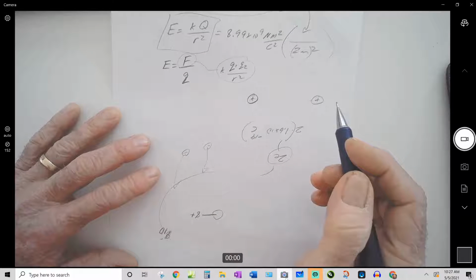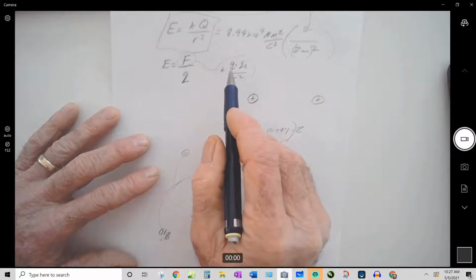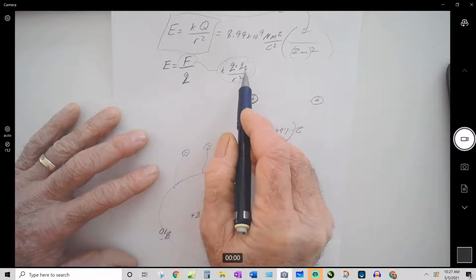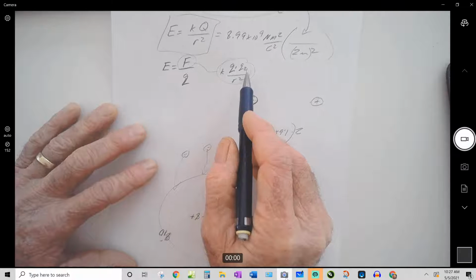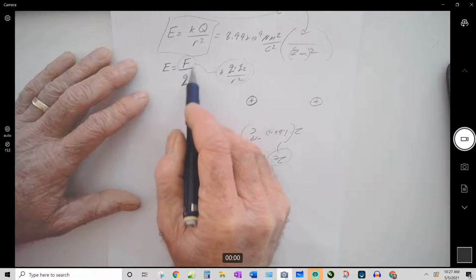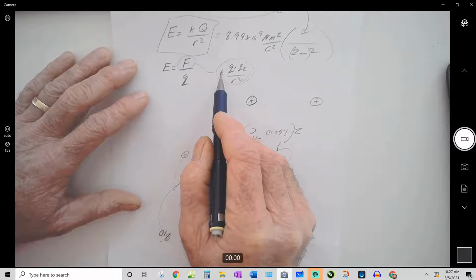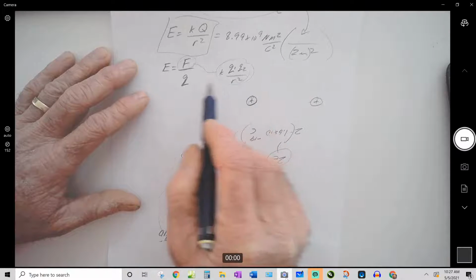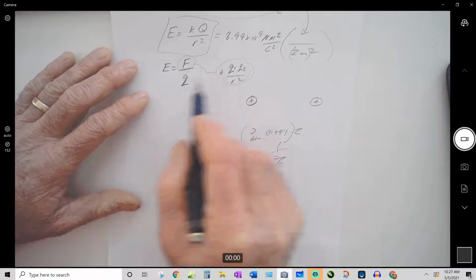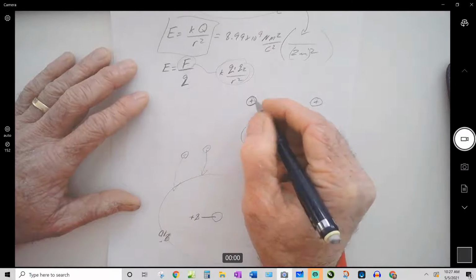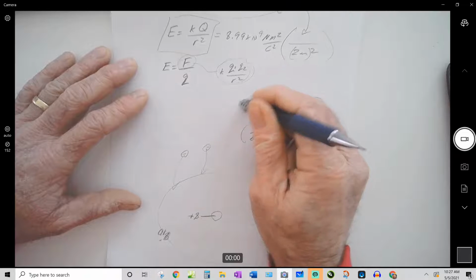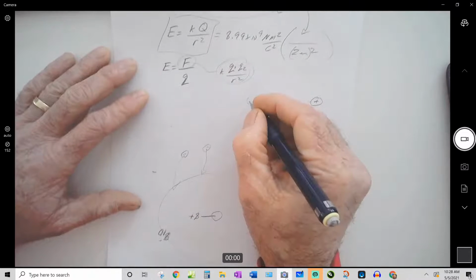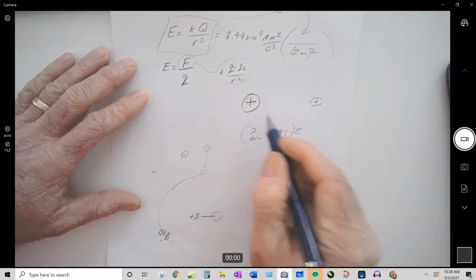So if I take this force and I substitute it in here, you can see I would have K Q1 Q2 over R squared, but it's also over Q. So one of these Q's cancels out. And the Q that cancels out is the so-called test charge.